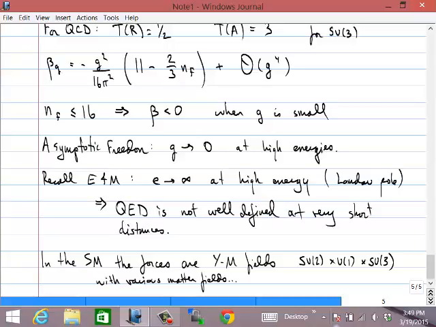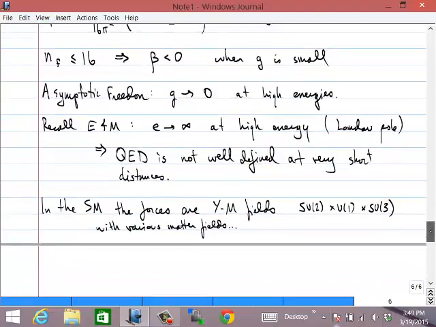But just as a bit of a preview, let me tell you that we're going to write down the matter content. And given everything that I've told you today, you can work out the running of the gauge couplings of the Standard Model. And when you do that, you get something very interesting.